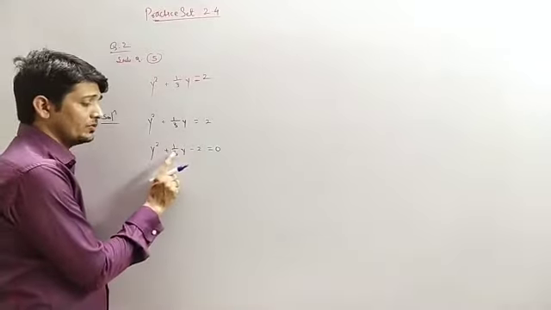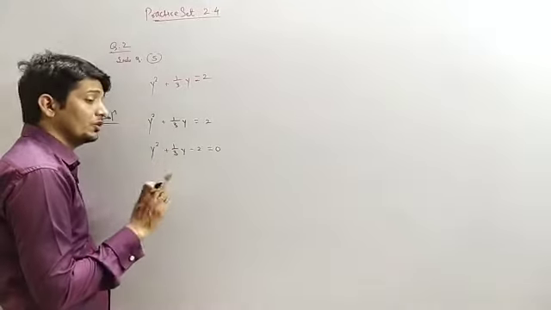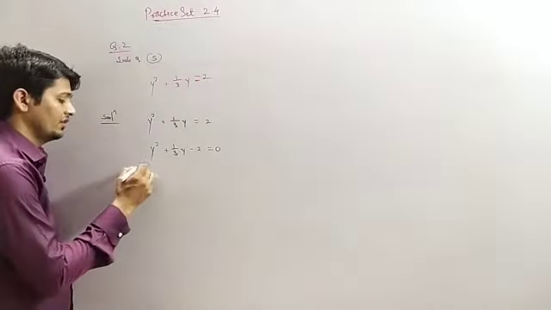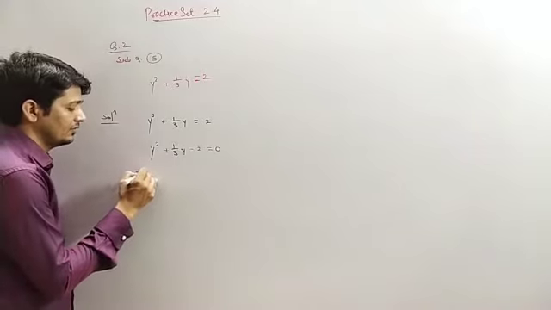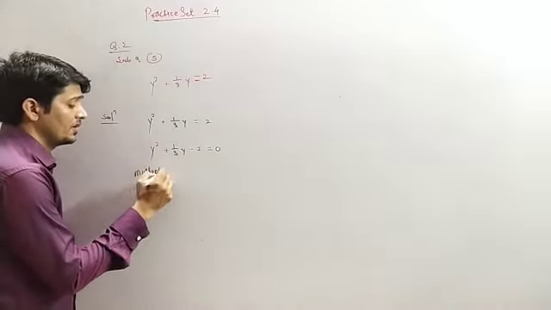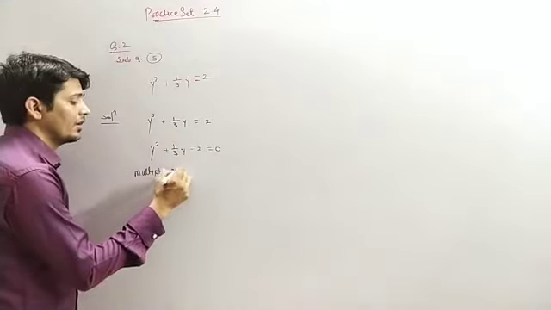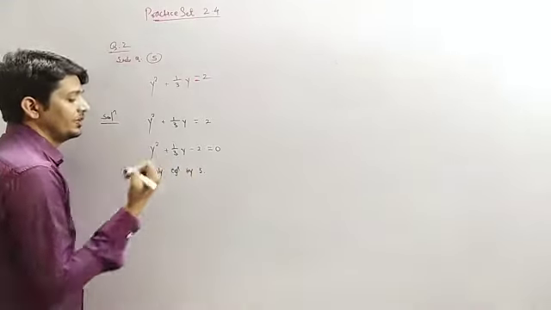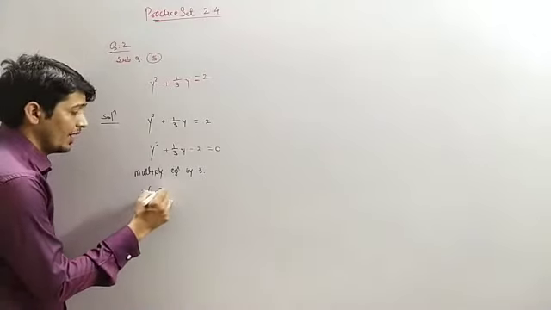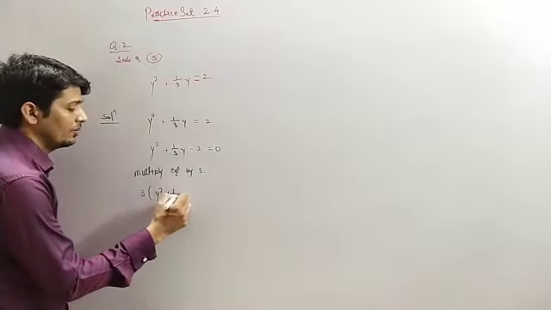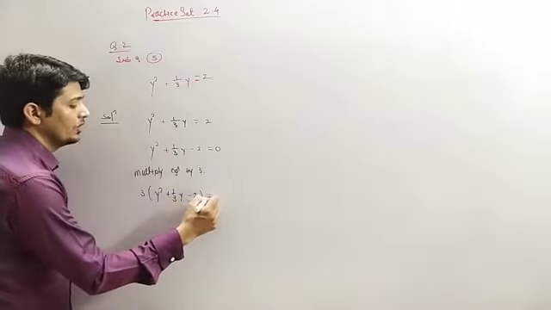We can solve by using fractions also, but if you want to simplify it, you can multiply the equation by 3. So 3 into y square plus 1 by 3y minus 2 equals 0.